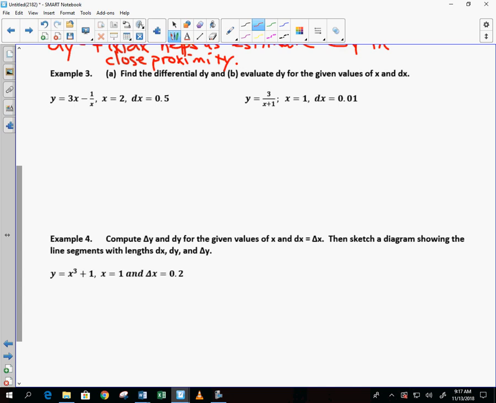So find the differential. dy is equal to f prime of x dx. So I need the derivative of f of x. What's the derivative of 3x? What's the derivative of negative 1 over x? Very good. Plus 1 over x squared.